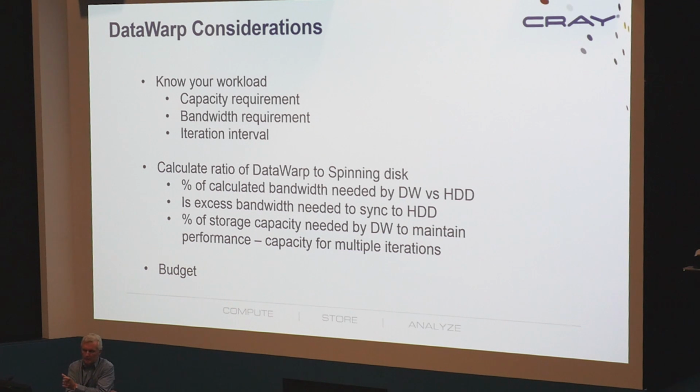And from that, you can basically calculate what percentage of the bandwidth you want DataWarp to be responsible for versus spinning disk. So that percentage of capacity needs to be worth something like DataWarp. And depending on the I/O interval, do I need to assign excess bandwidth to some flash like DataWarp in order to handle both the incoming data being written from the compute nodes and the data getting written out to the spinning disk. And of course, the consideration is budget.